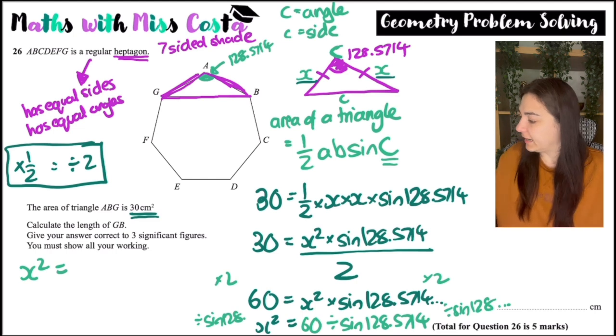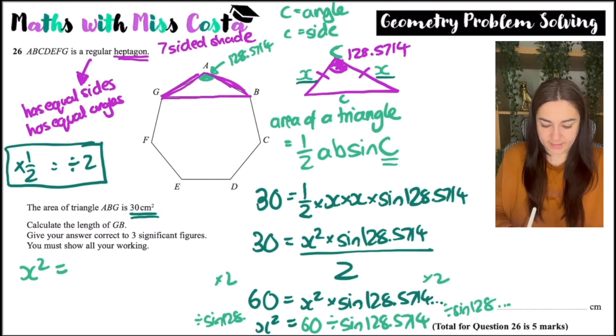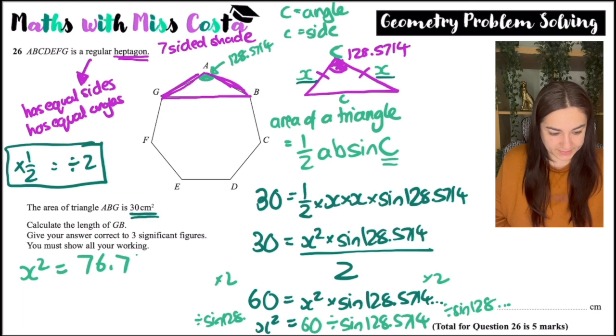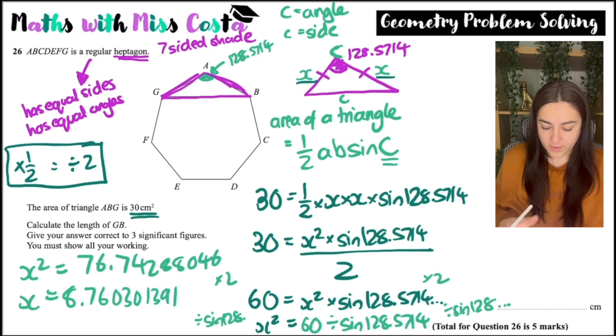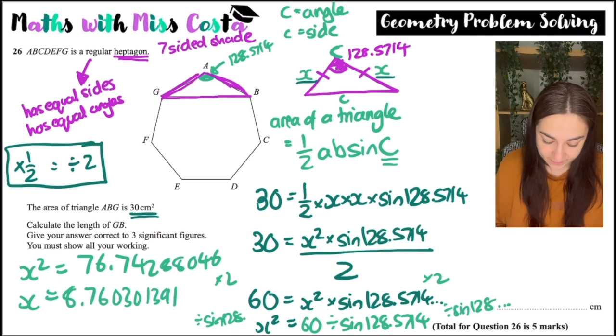And what does that give me? 60 divided by sine gives me 76.74288046. And the last final part is the square root of x squared. So that gives me 8.76030139. Okay, so now I know the length of the sides. So each of these sides are 8.76.